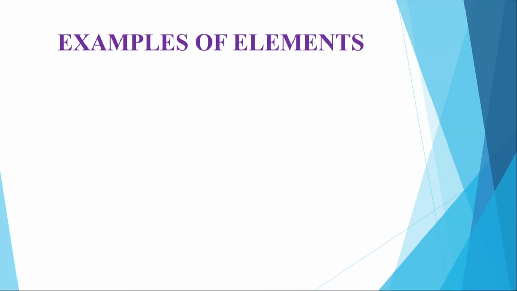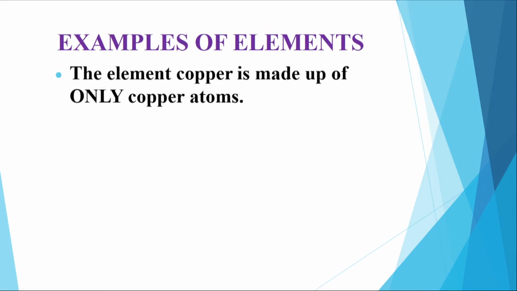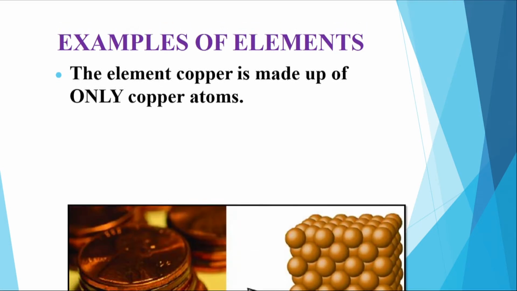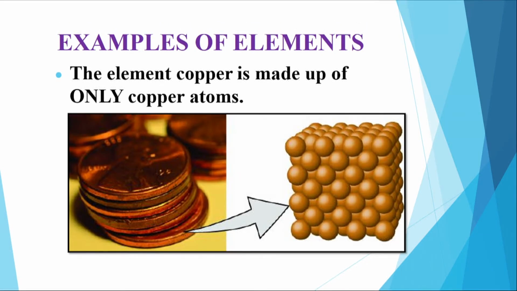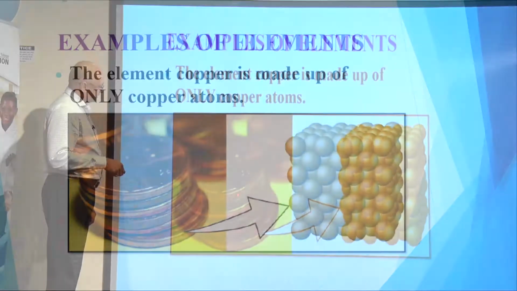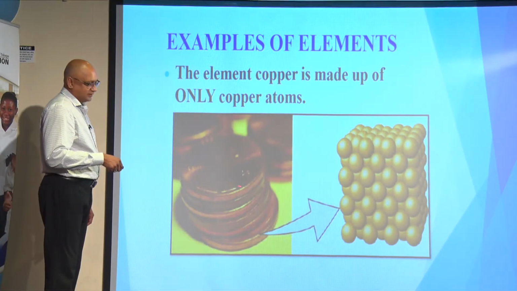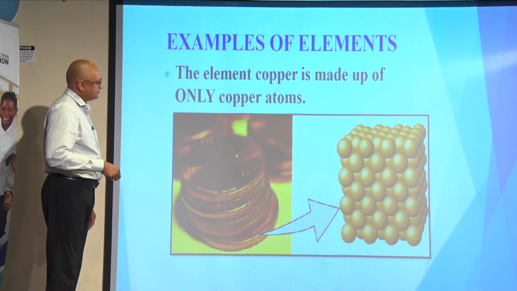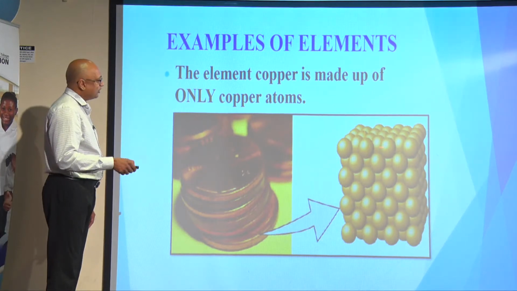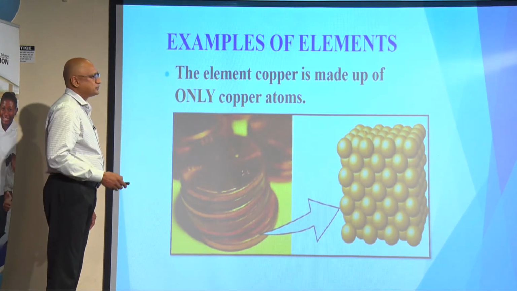Some examples of elements. The element copper is made up of only copper atoms. You can see here it's copper coins, like your 5-cent piece, and it's only made up of copper atoms.